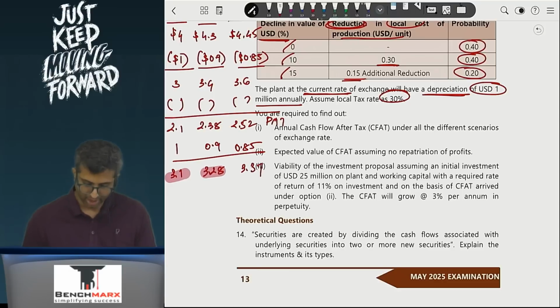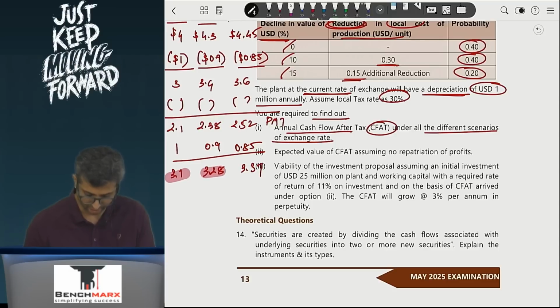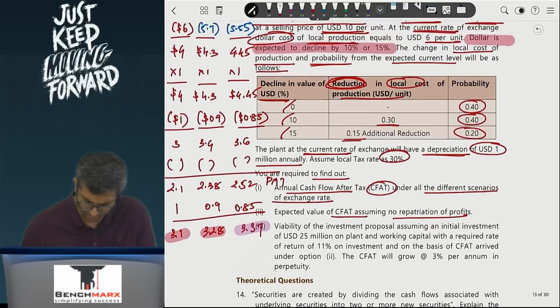Okay, and what are you required to find out? Annual cash flows after tax under all the three different scenarios of exchange rate. So this is 3.1, 3.28 and 3.37, and the expected value of cash flows, assuming no repatriation. Expected value is probability based weighted average. So this is 3.1, 3.28 and 3.37.